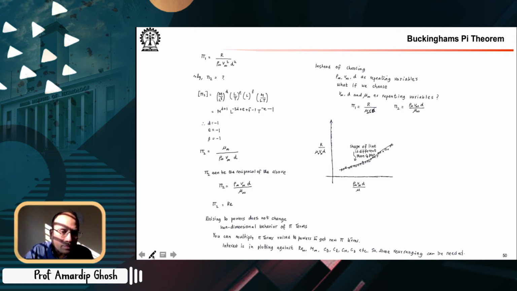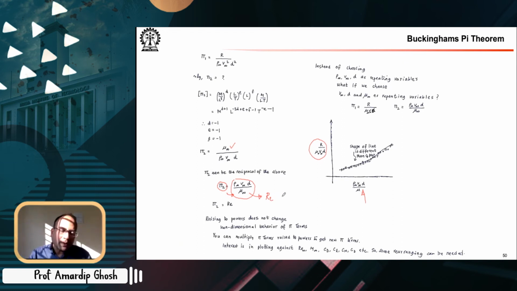Okay, so here my pi2 is this. Now pi2 can be the reciprocal of above. So instead of plotting this versus mu by rho V D, we can just take pi2 as 1 by pi2, because it still is a non-dimensional parameter, and we will see that this has a very important name, which is known as Reynolds number.